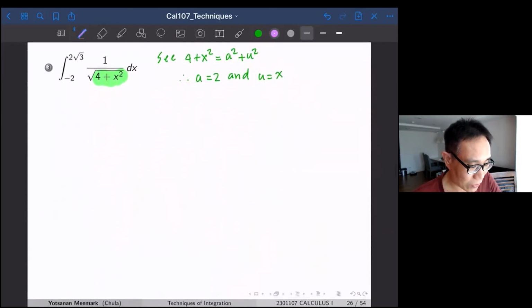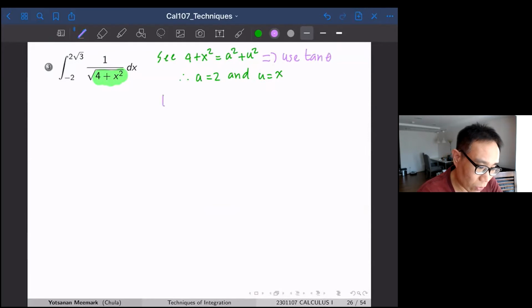Okay, so the next one, you're going to integrate from x equal to negative 2 to x equal to 2 root 3, 1 over square root of 4 plus x squared dx. The thing that you see is 4 plus x squared, and here you're going to use tan theta, so you're going to let x equal to a tan theta.